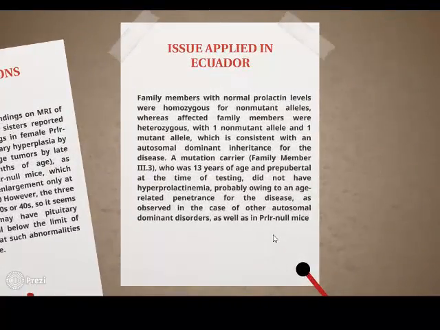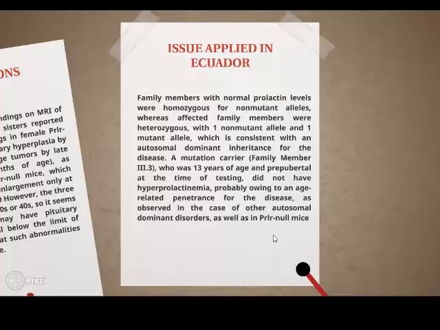In the family from Ecuador, family members with normal prolactin levels were homozygous for non-mutant alleles. Those affected family members were heterozygous, with one non-mutant allele and one mutant allele, which is consistent with an autosomal dominant inheritance for the disease.